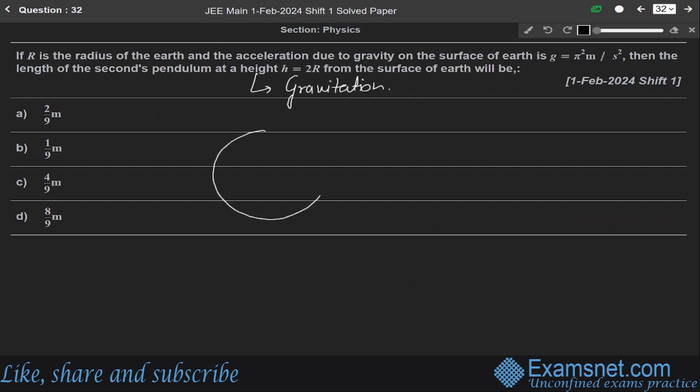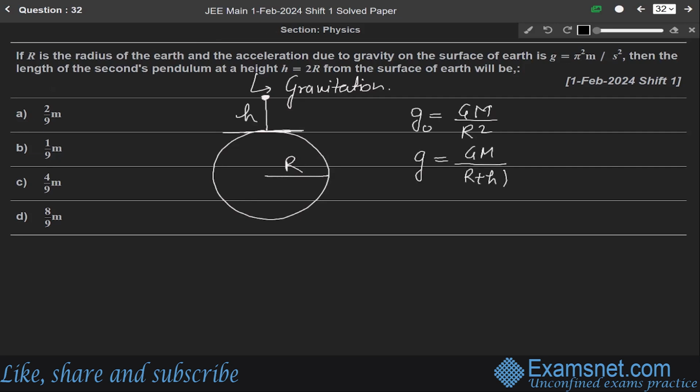Let us say this is the earth and its radius is capital R. At the surface of the earth, the gravity g is given as GM over R square. If we consider some body at a height h from the surface of the earth, the gravity formula becomes GM over (R plus h) square.